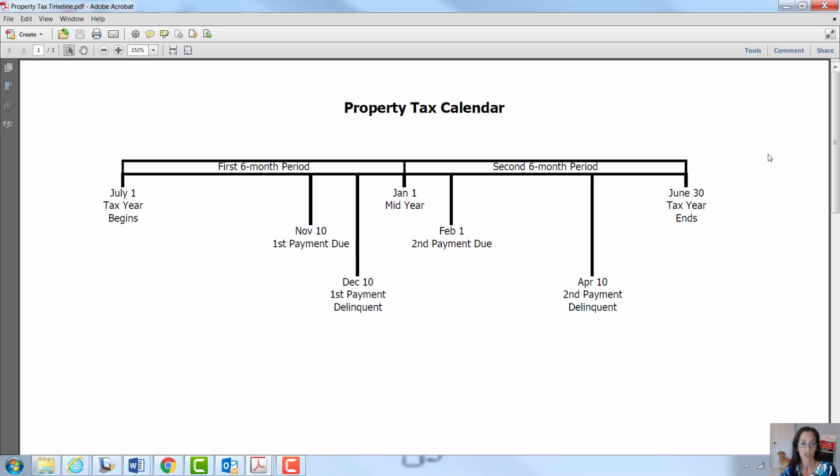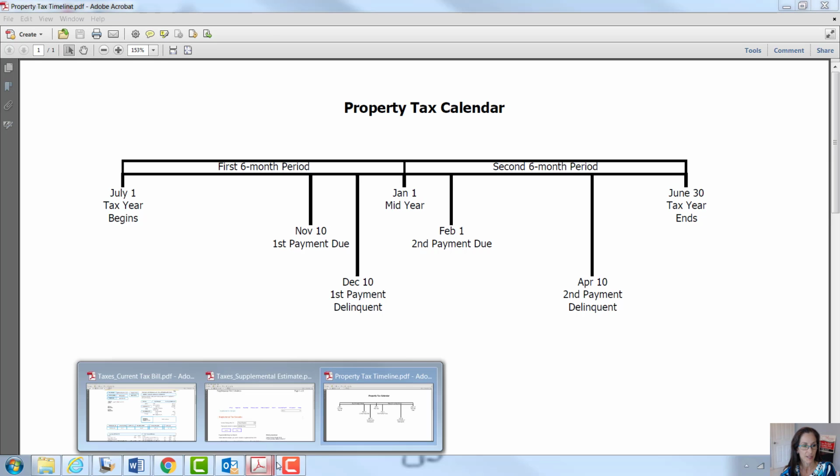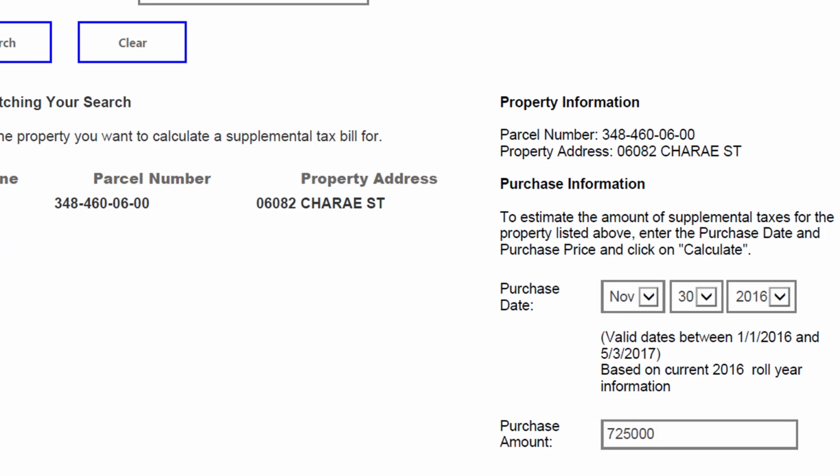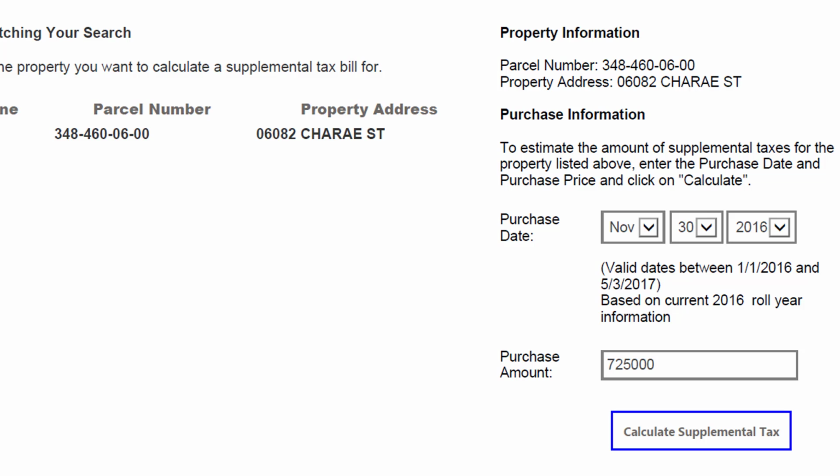And actually, I've attached a copy of your current seller's tax bill and what I think your supplemental bill is going to be. But here's an example for this person who's owned this property for a really long period of time. If this property were to be closed, you close and you get the keys on November 30th, and the purchase price was $725.